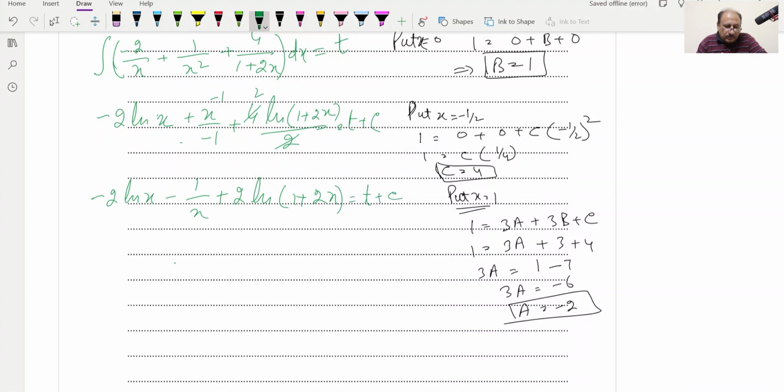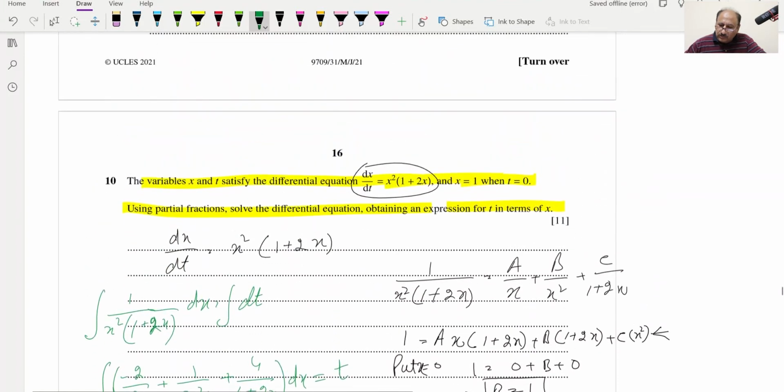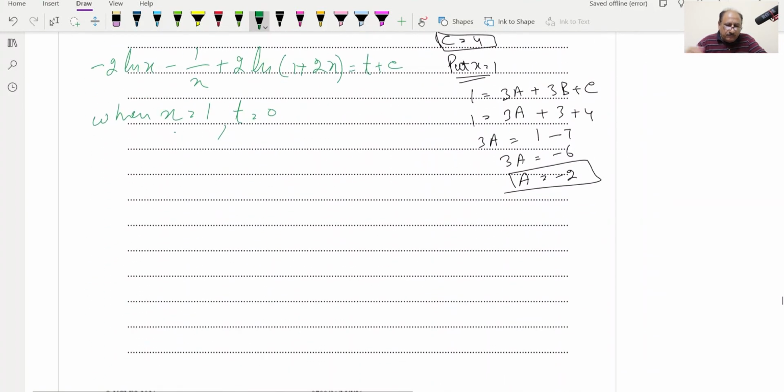And further we know that when x is equal to 1, t is equal to 0. This is given in the question. When x is equal to 1, t is equal to 0. If we replace this, x is equal to 1, so log 1 will be 0, and so -1 plus 2 log of 3 is equal to c value.